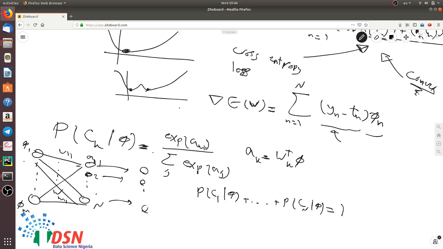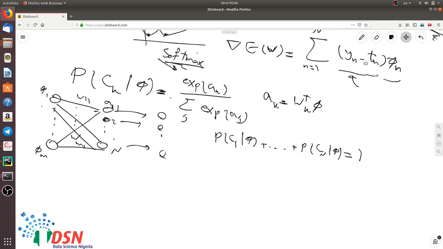So we could interpret them as the output probability of class K. And we actually call this softmax. We also talked about this in the deep learning section, but for now, just remember that we call this the softmax function.